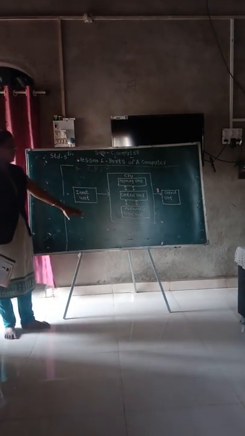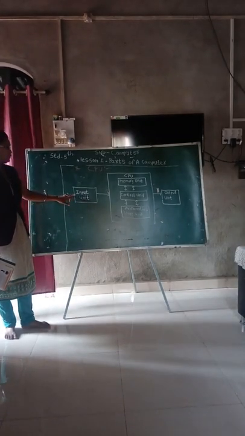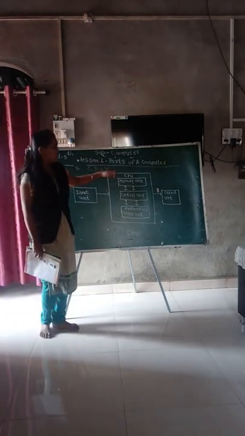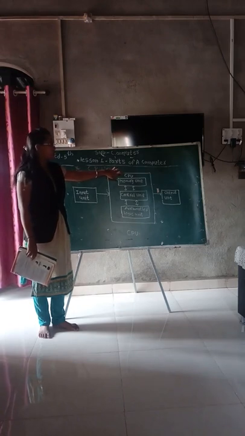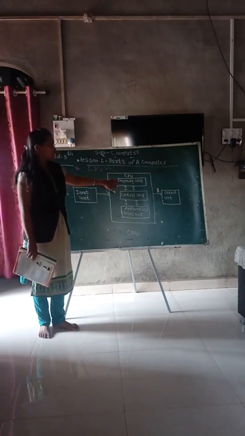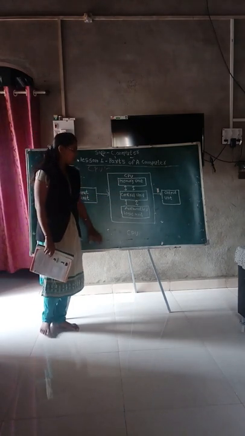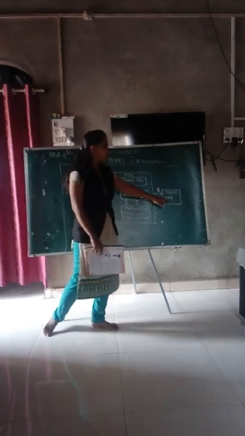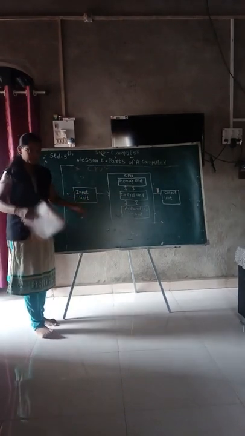This is the diagram of the CPU. The first block is the input unit. Here the CPU stands for Central Processing Unit. Next one is the memory unit. This is the control unit. And here the arithmetic and logic unit. And the last one is the output unit. This is the diagram of the CPU.